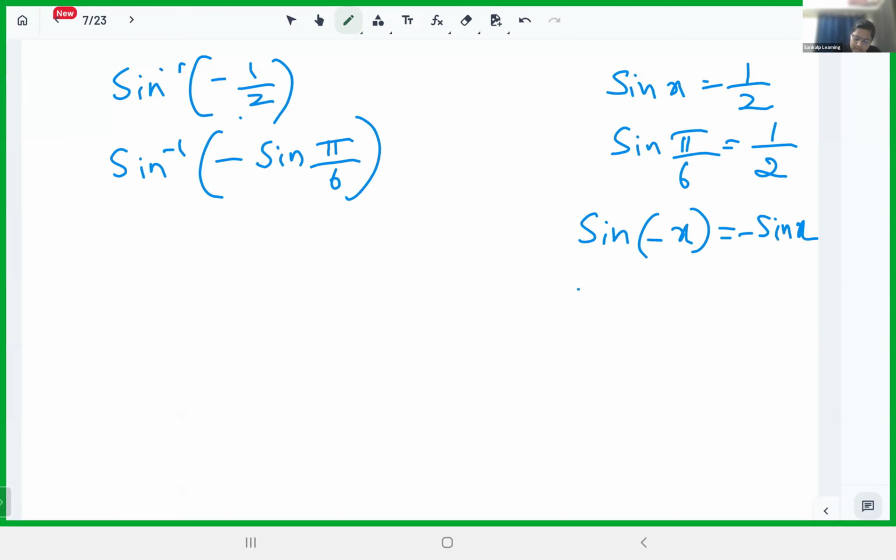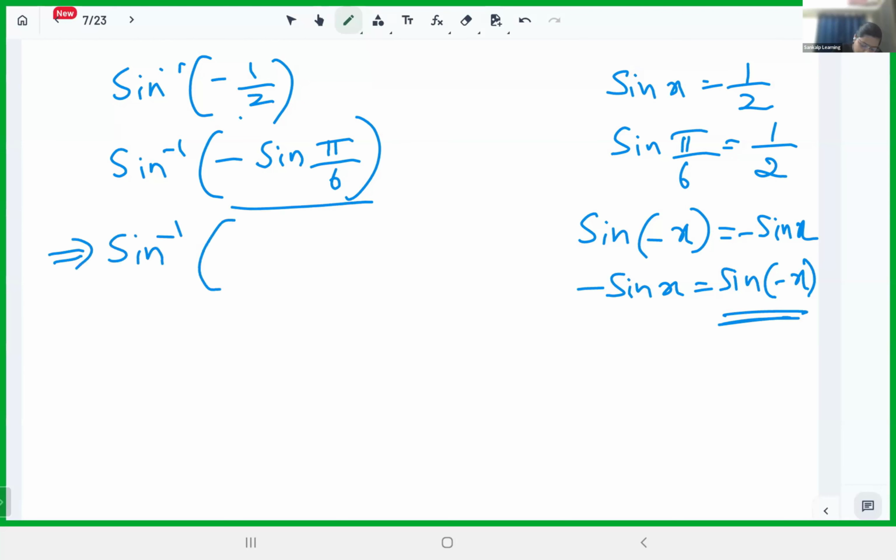If you are given minus sine x, then that is equal to sine of minus x. Here you have given minus sine x, right? So we can write this one as sine of minus x. So this implies sine inverse of sine of minus pi by 6.